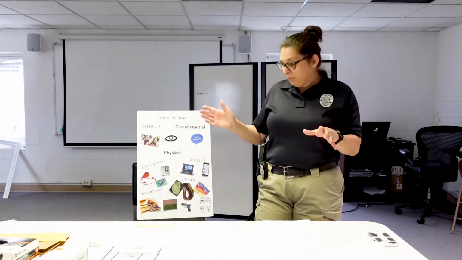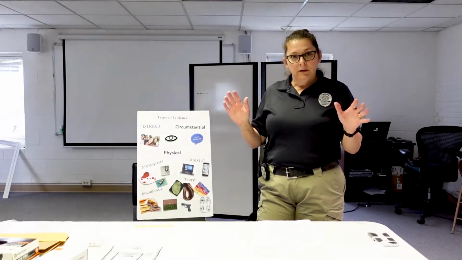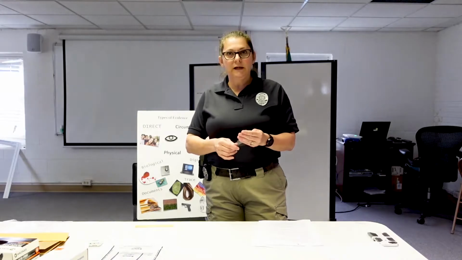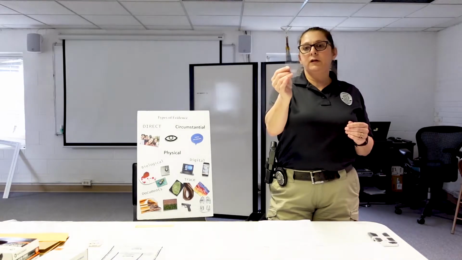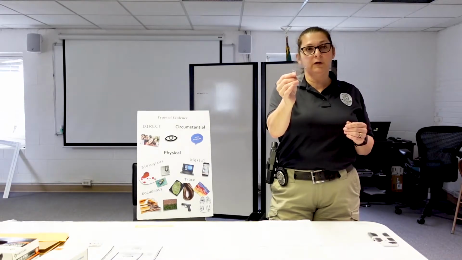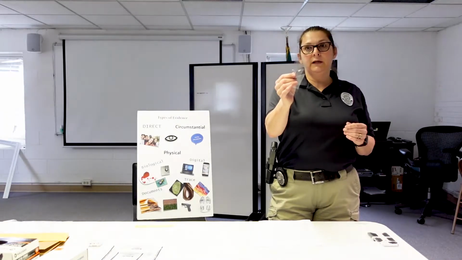So every time we touch something, it leaves something behind. So we transfer. So I'm going to demonstrate that with this piece of tape. So if I touch this piece of packing tape, my fingerprints are going to be on there. You probably can't really see that, but my fingerprints are on there, right? So I've transferred not only my fingerprints, but I've transferred DNA.